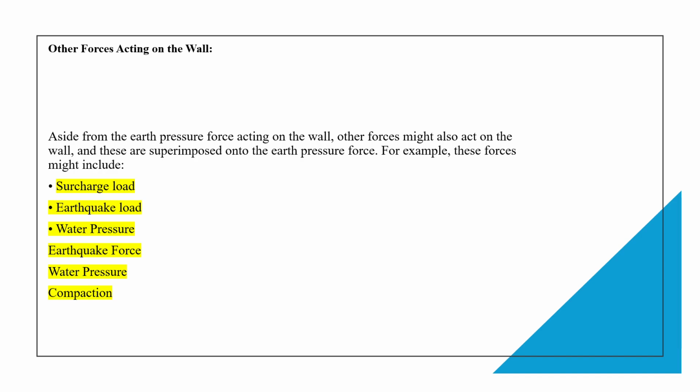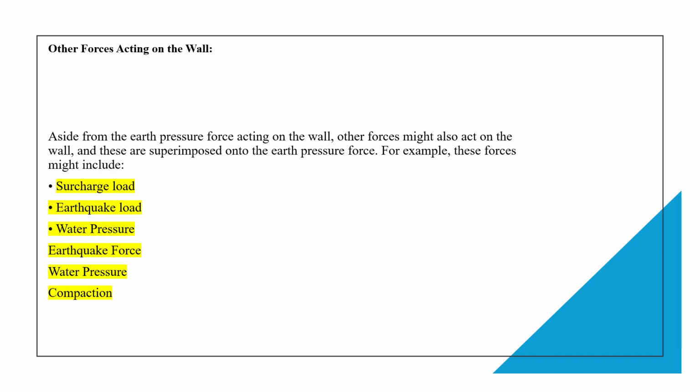For water pressure, walls are typically designed to prevent hydrostatic pressure from developing behind the wall. Therefore, the loads applied to most walls will not include water pressure. In cases where hydrostatic water pressure might develop behind an undrained wall, the additional force resulting from the water pressure must be superimposed onto the lateral earth pressure.